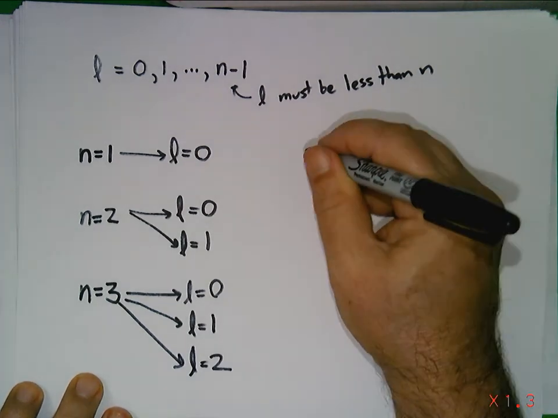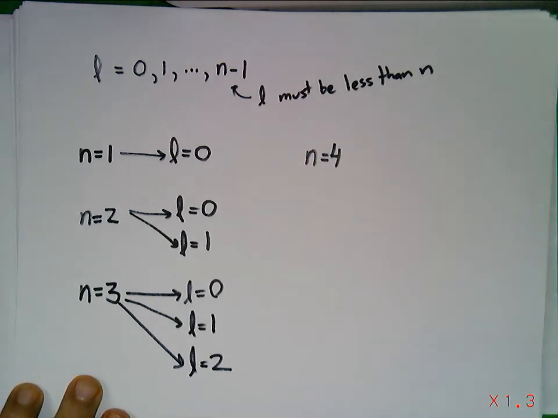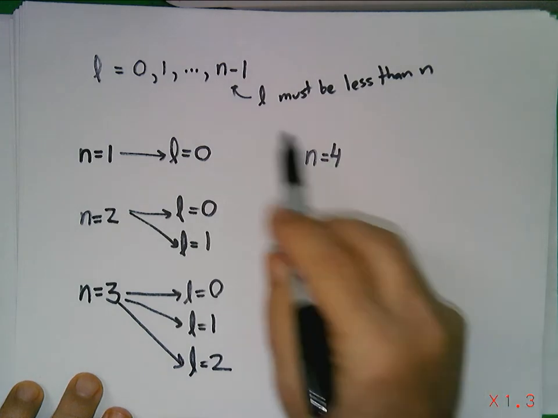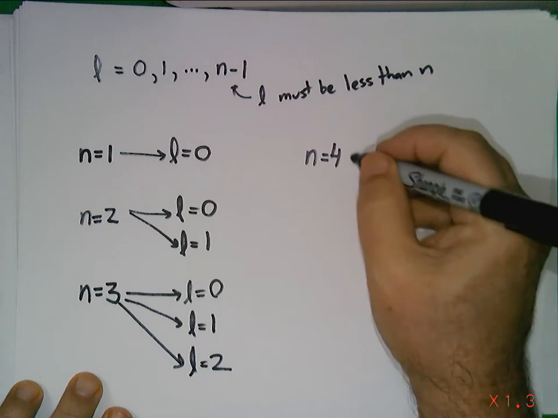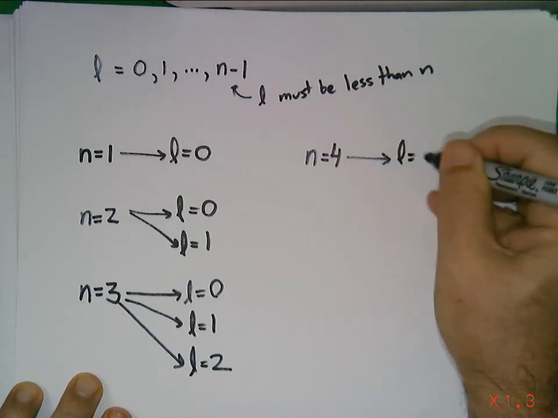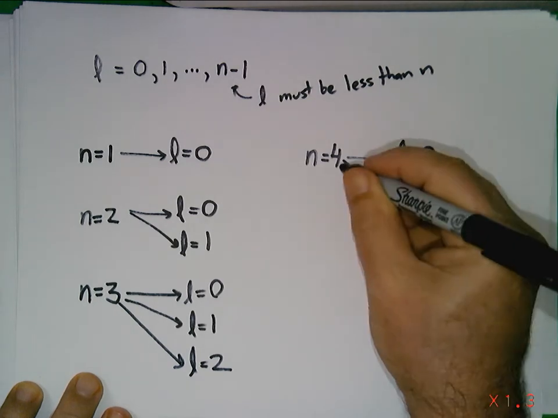What about n equals 4? What values of L are you allowed to have? Well, 4 minus 1 is going to be 3. So you can have L ranging from 0 to 3.